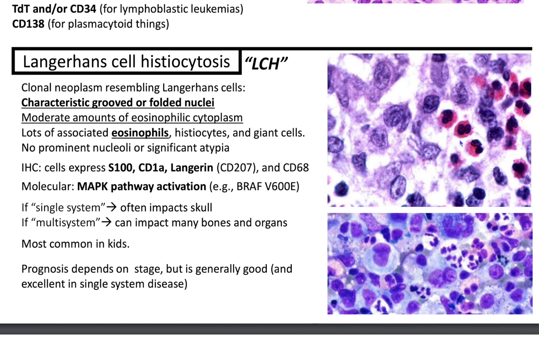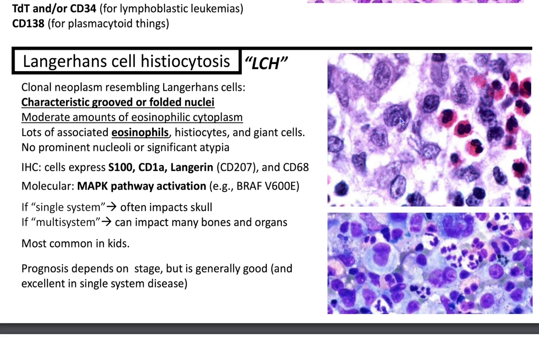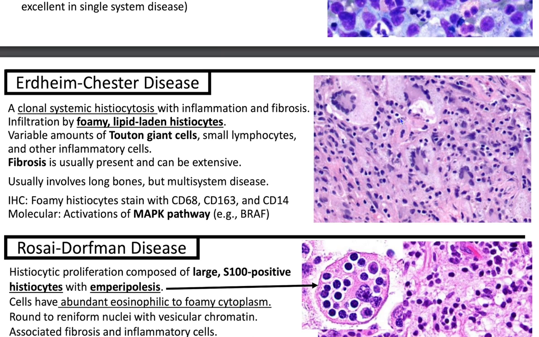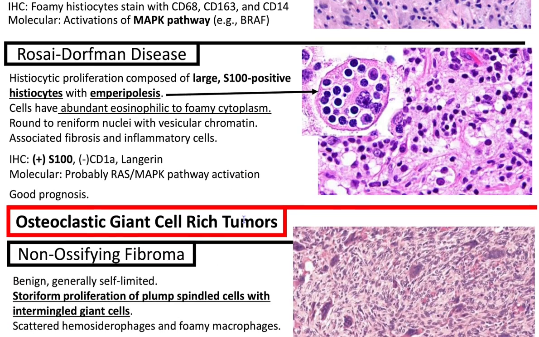You'll see a lot of eosinophils. You'll see those characteristic grooved or folded nuclei. Your Erdheim-Chester disease, you'll have these foamy, lipid-laden histiocytes along with Touton giant cells. The foamy histiocytes will stain with CD68, CD163, CD14. Rosai-Dorfman, look for your emperipolesis.